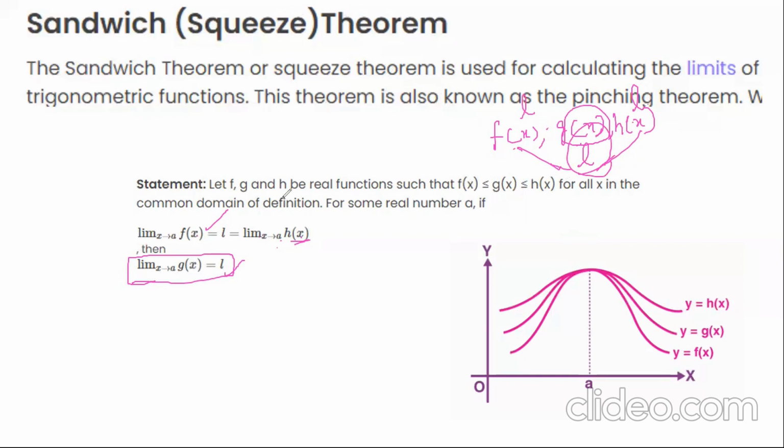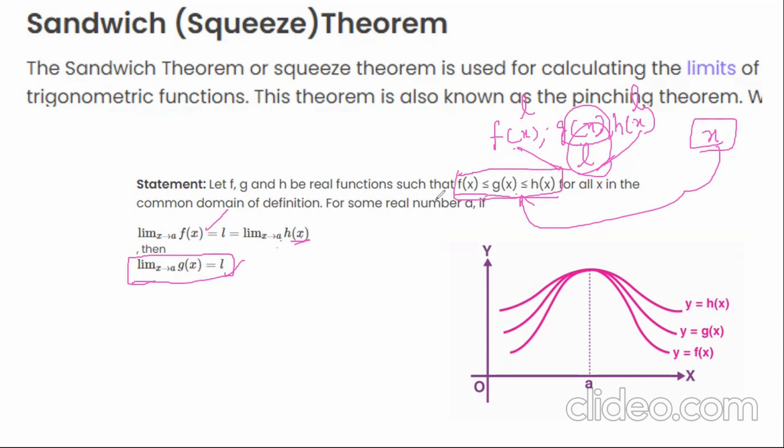Okay, that means g and h are real functions. We are taking f, g and h as real functions such that f of x should be less than or equal to g of x and less than or equal to h of x for all x in the common domain of definition. Common domain means whatever values you are giving x, those values should satisfy this inequality for these functions.